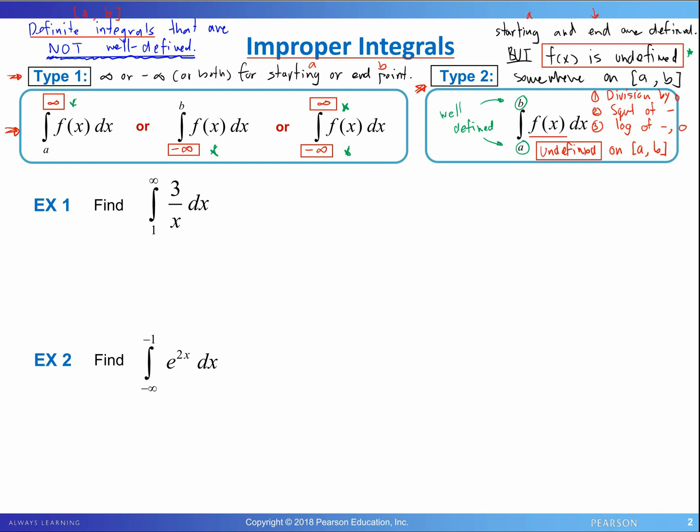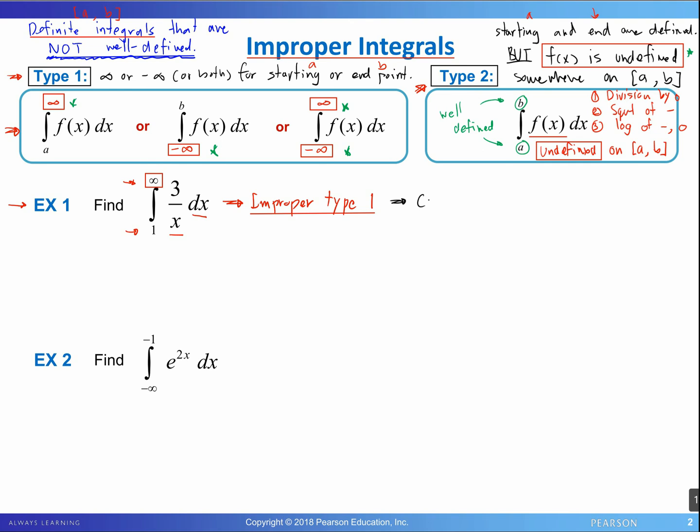Now let's take a look at some examples down here. In example number 1, we need to integrate 3 over x with respect to x from 1 to infinity. When you see infinity on your integral like this, you know right away that this is improper integral type 1. And this is what we do.